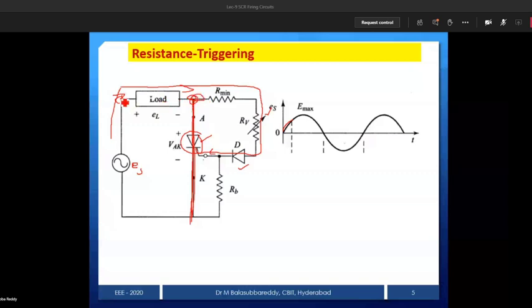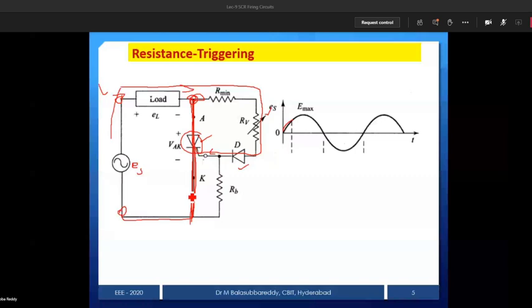One point is directly connected to the supply. The other point, through the thyristor, is also connected to the supply. Then what is your output? Same as the source voltage. Now when the thyristor is on, the output will be the same as the source voltage.